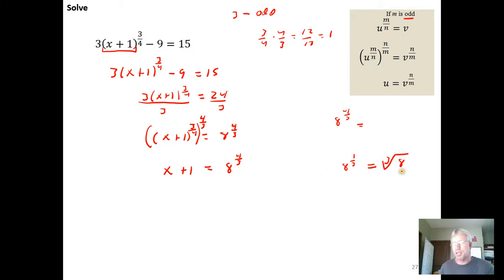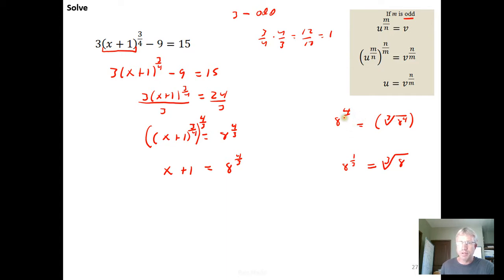We're asking what number, when you raise it to the 3rd power, generates an 8. So we want the 3rd root of 8, and then the 4 says to take that result and raise it to the 4th power. Or you can raise 8 to the 4th power first and then take the cube root of that.